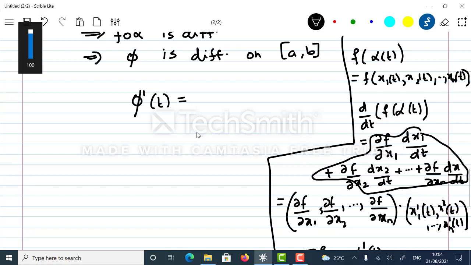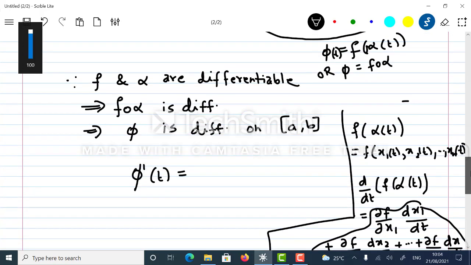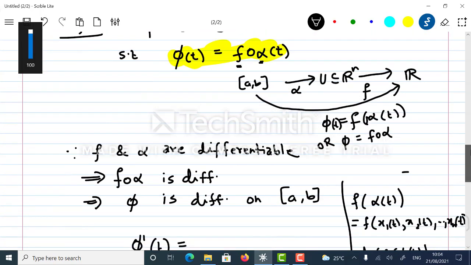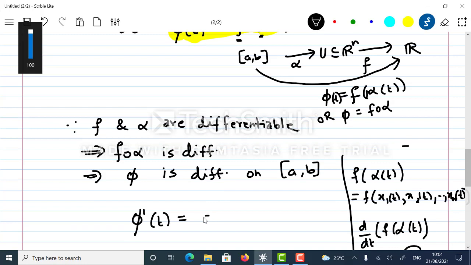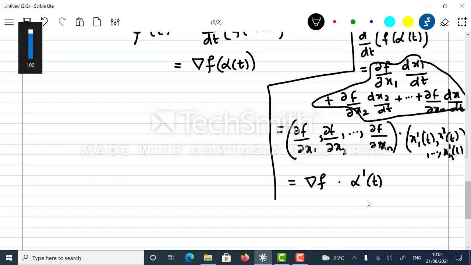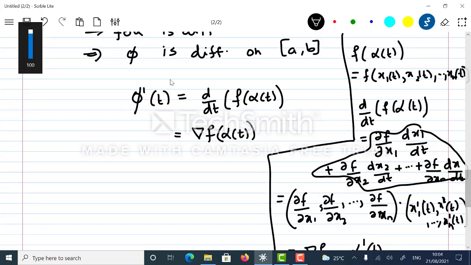So phi dash t will be the gradient. Phi is f of alpha t, and basically it is d by dt of f of alpha t, which, as we have just seen, is the gradient of f, defined at alpha t, dot product with alpha dash t.